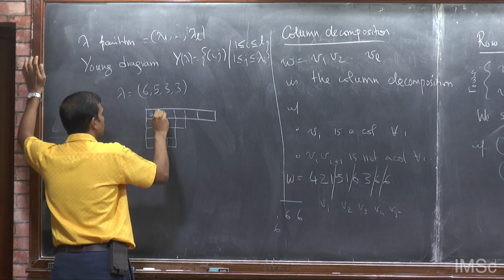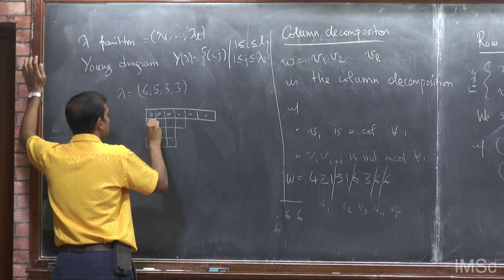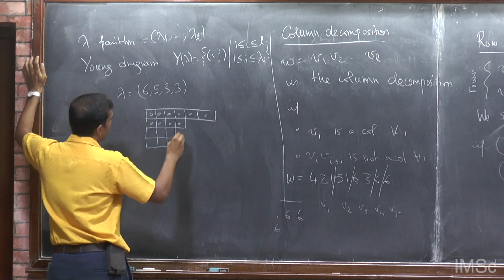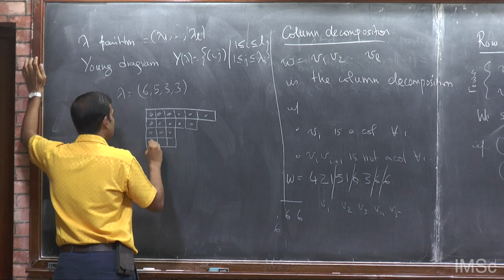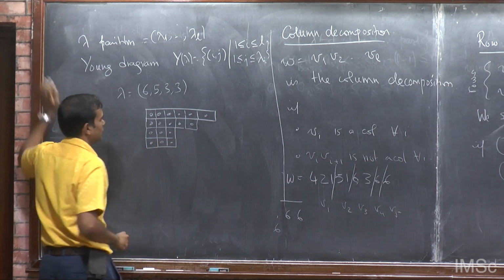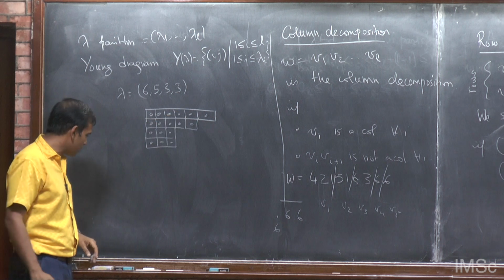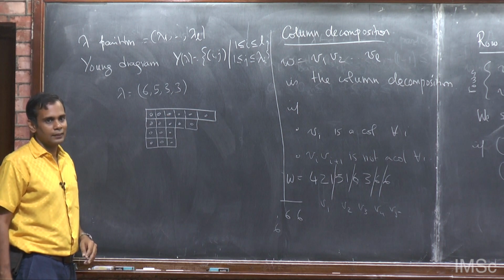You could just think of this as the points (1,1), (1,2), (1,3), (1,4), (1,5), (1,6), (2,1), (2,2), (2,3), (2,4), (2,5), (3,1), (3,2), (3,3), (4,1), (4,2), (4,3). In this set of points, we draw boxes because ultimately we would like to put numbers inside these.